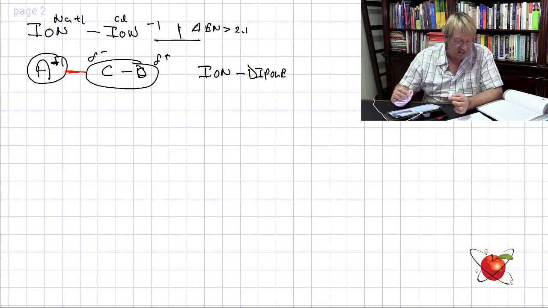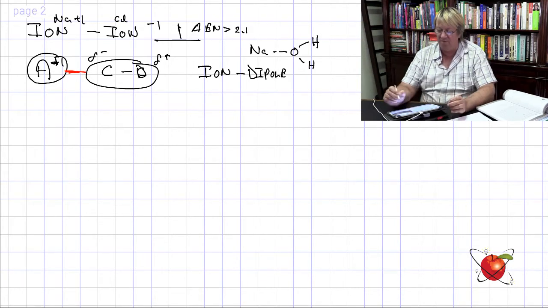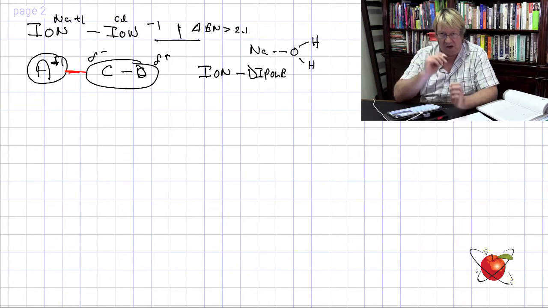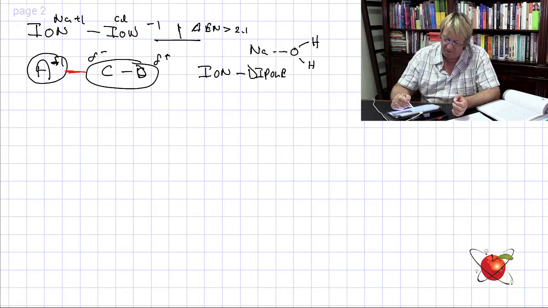This type of bond would be, for example, sodium hydroxide. It's an ion with a dipole that is forming. It's in water.